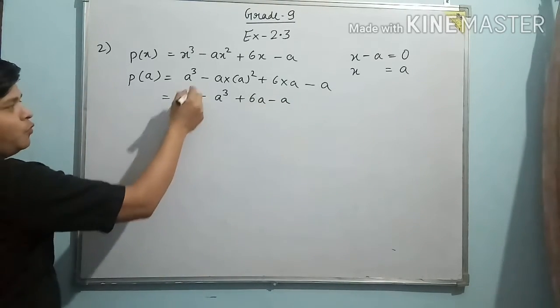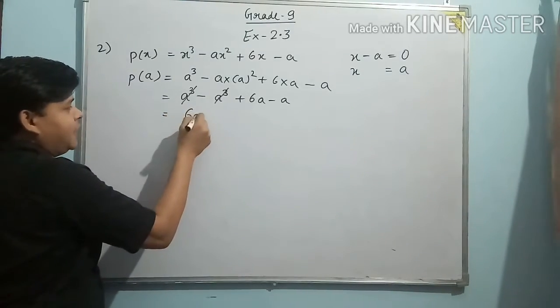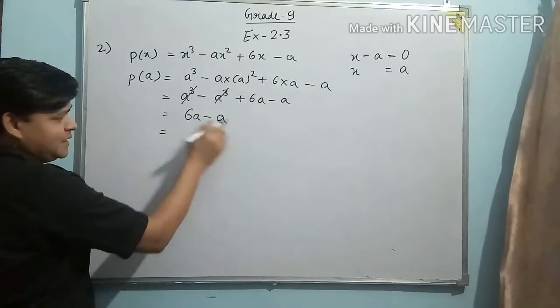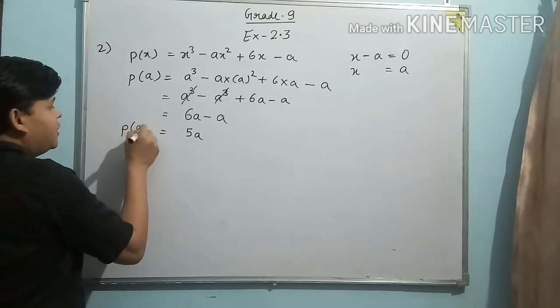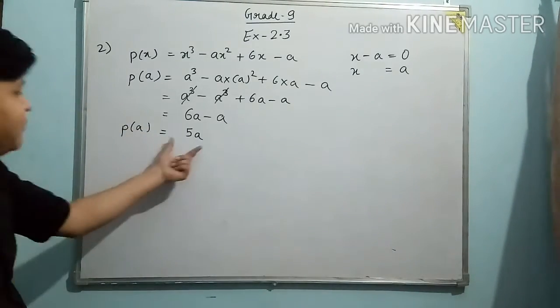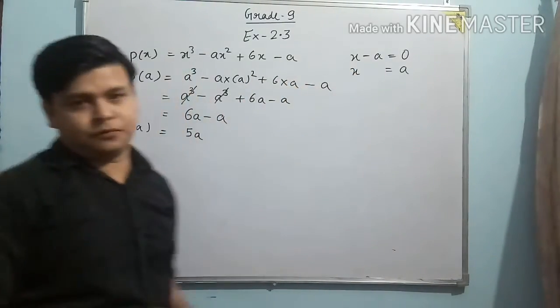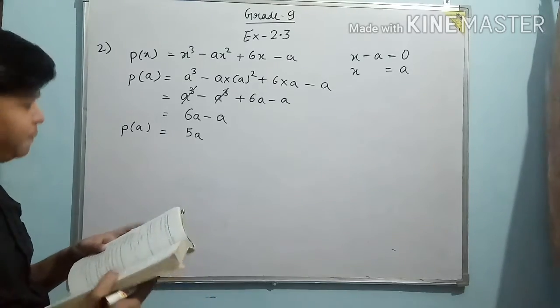So a cube will cancel each other and we are left with 6a minus a. Now 6a minus a we will get 5a. So this is the value of p(a). That means 5a is the remainder when you divide this given polynomial by x minus a. So this was the solution for question number 2.